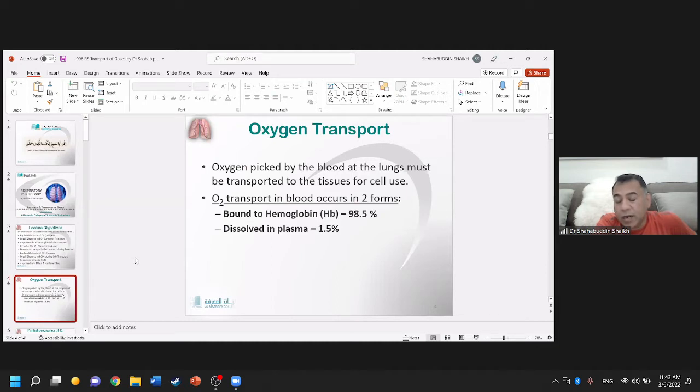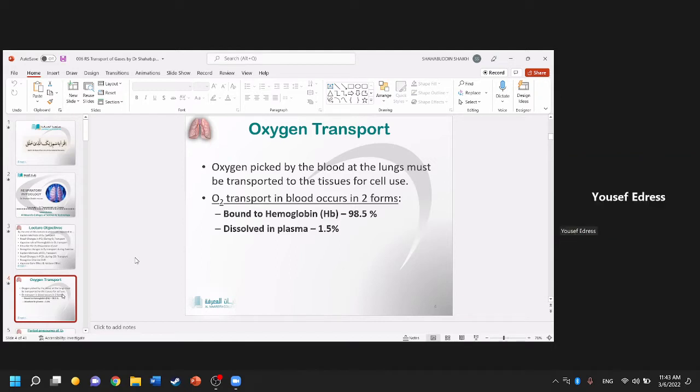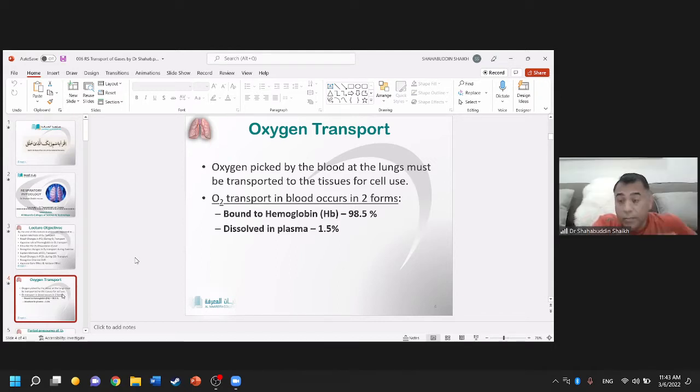Partial pressure of carbon dioxide is due to carbon dioxide dissolved in plasma. Any gas, if it is dissolved in plasma, will create pressure. So the molecules have to be free in the plasma. Then only they can cause pressure, and that is called the partial pressure of that gas.